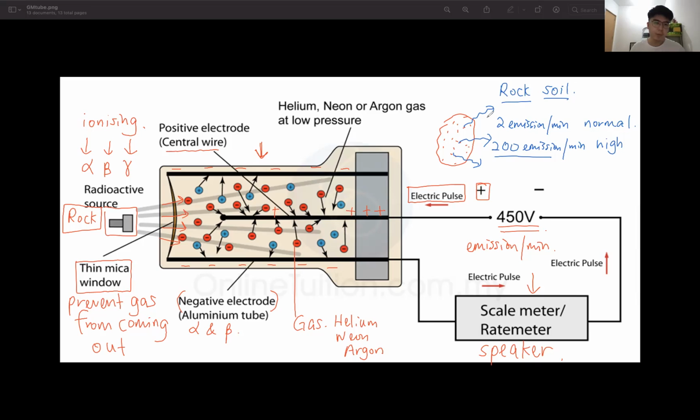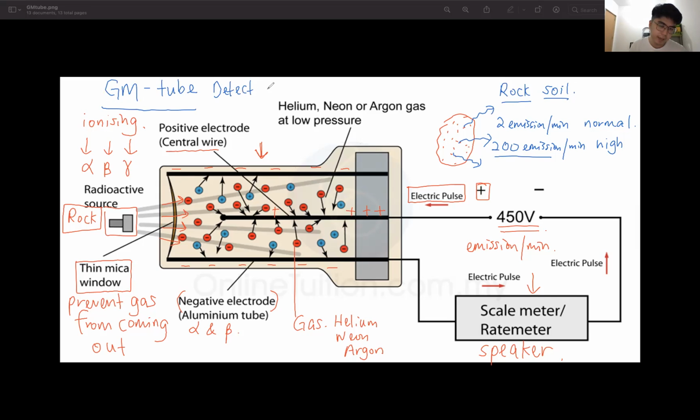All right, so what is the function of the GM tube again? This is the GM tube. You need to be able to describe, sometimes they will ask how does this work, and what is the function of this, the mica window, all that. The function of the GM tube, remember, is to detect.